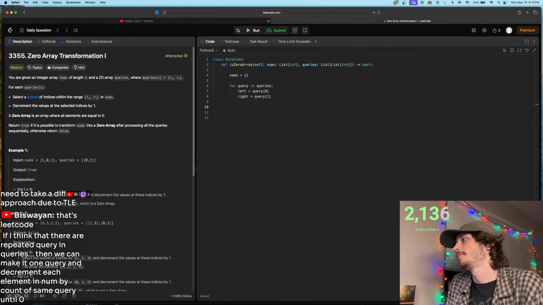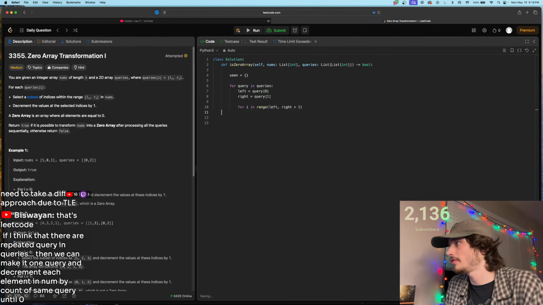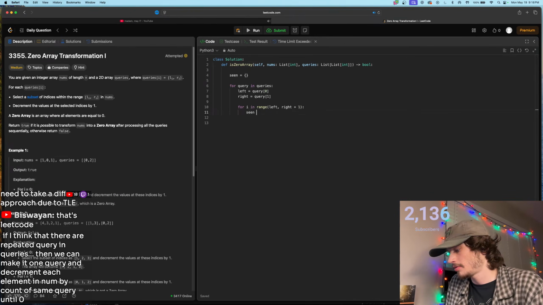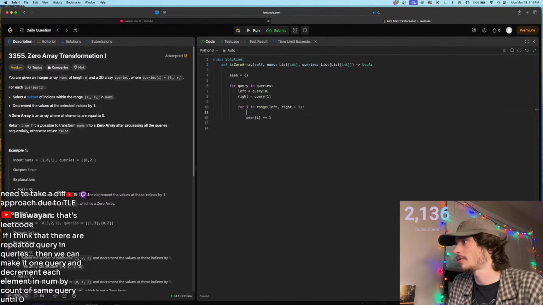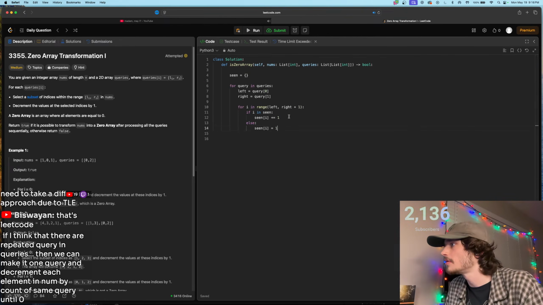So then we say for i in range left, right plus 1, if i in seen, then we can say seen index i plus equals 1, else seen index i is equal to 1, right?